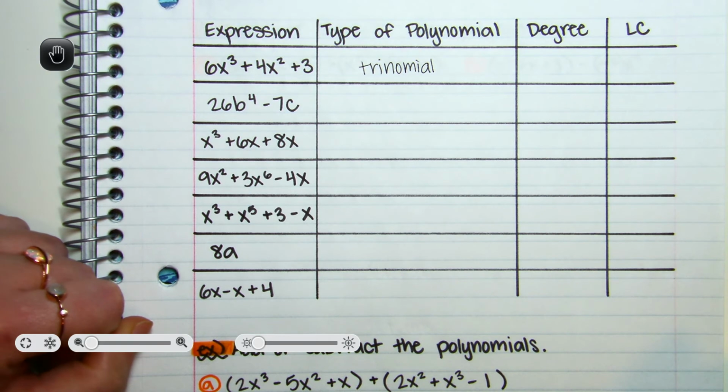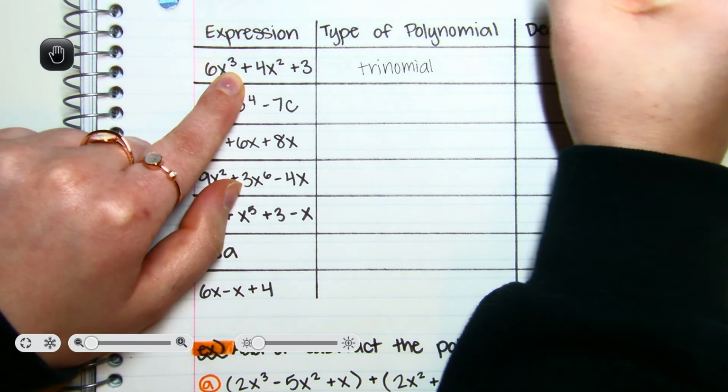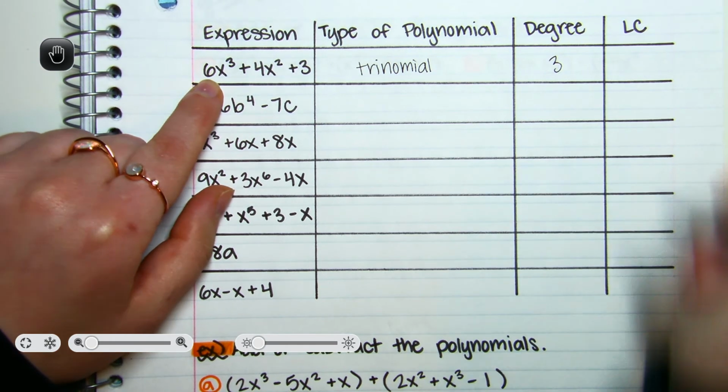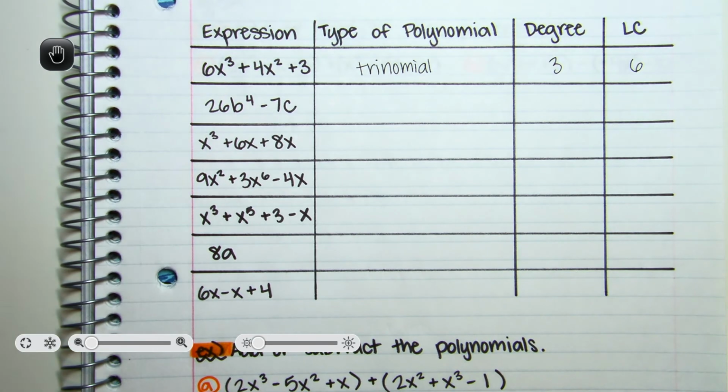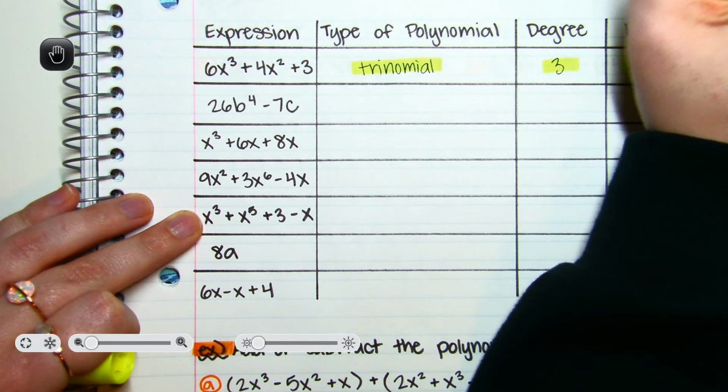My degree, that's my highest exponent, which is 3. And then my leading coefficient is whatever number is in front of that term, which is the 6. So trinomial, degree 3, leading coefficient 6.